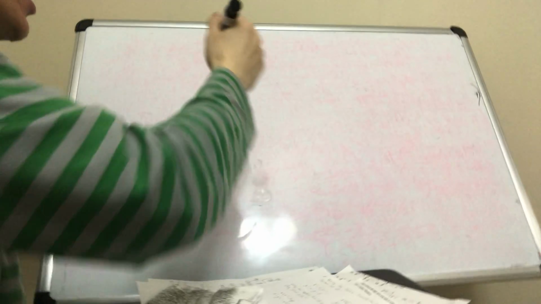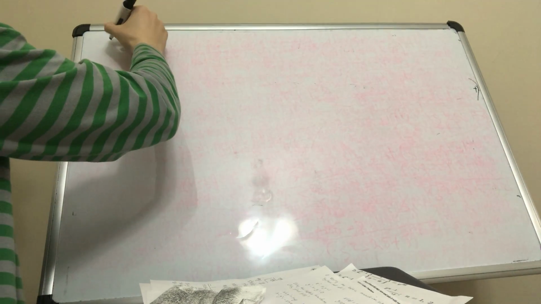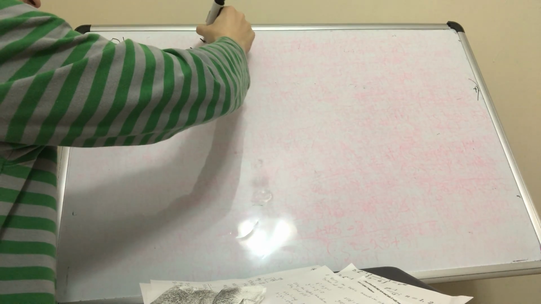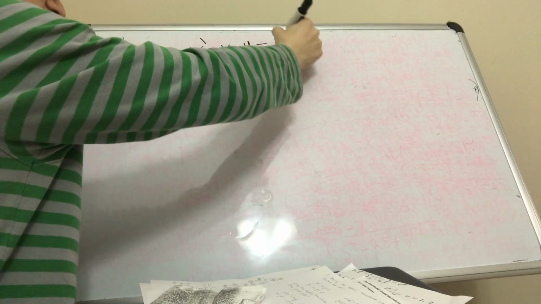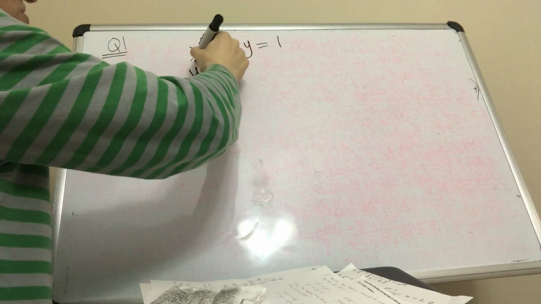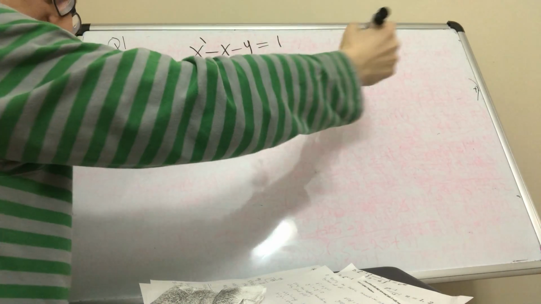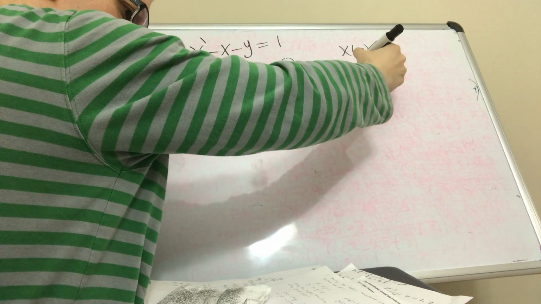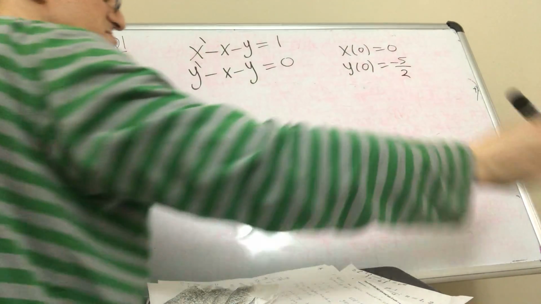Now, in worksheet 12, you had two questions to solve for system of DEs. First one was x derivative minus x minus y equals 1, y derivative minus x minus y equals 0, x(0) is 0, y(0) is minus 5 over 2.